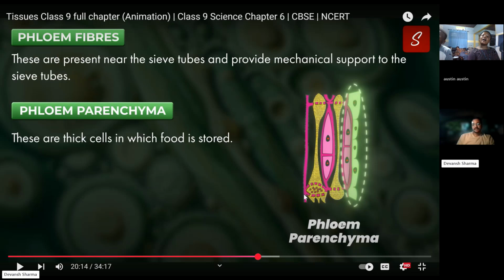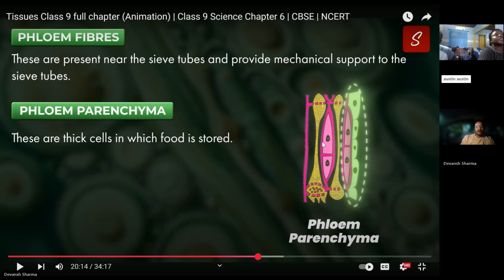This yellow structure, can you see? Near this yellow structure, the phloem fibers are present. The function of fiber is to provide mechanical support to the sieve tubes. And the function of phloem parenchyma is to store the food.